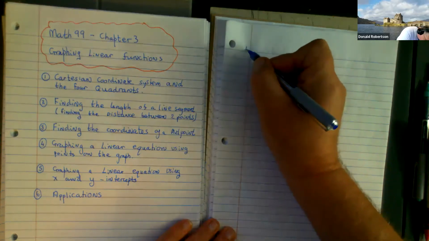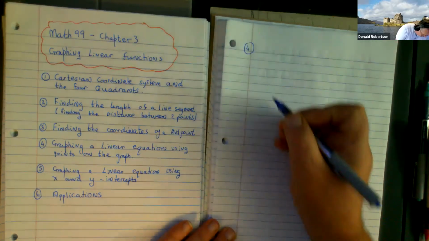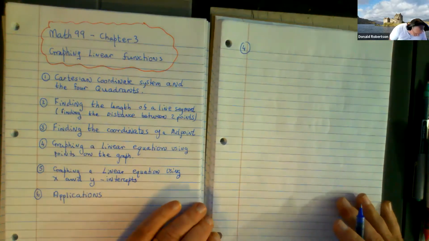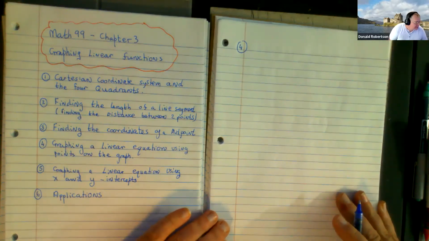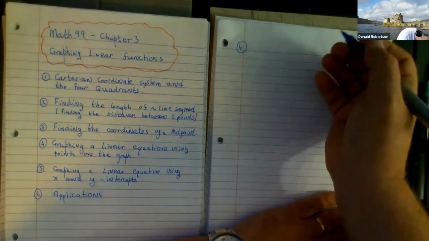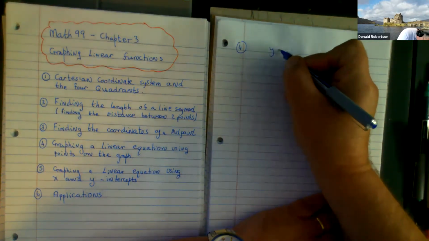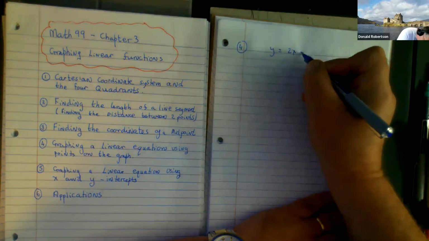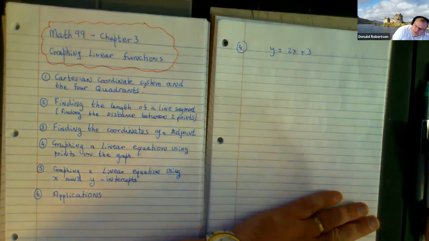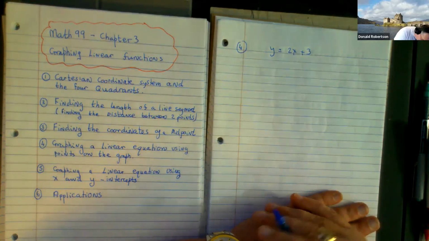So let's move on to number 4. Graphing linear equations using points on the graph. A linear equation takes a number of different forms. I'll show you the most common ones. You get them written as y equals 2x plus 3, a half x minus 20, things that look like that.